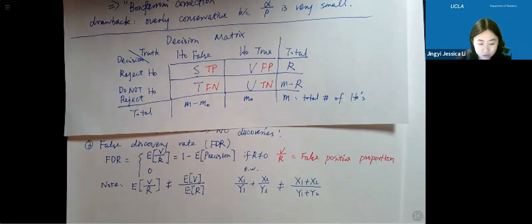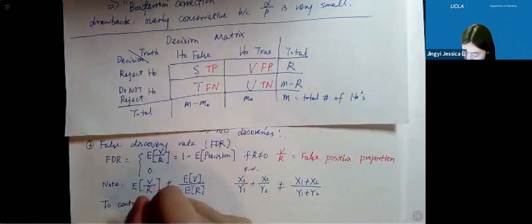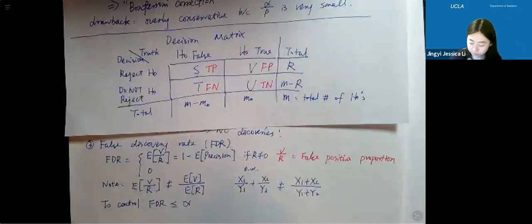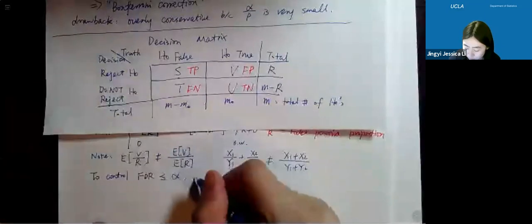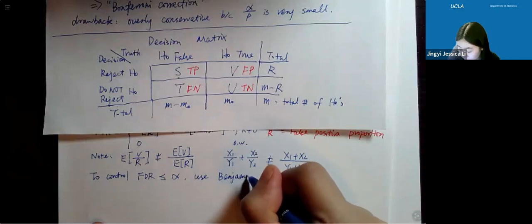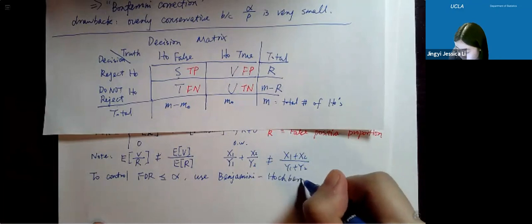Okay, so the thing I want to introduce today is a very famous algorithm or procedure for achieving the FDR control with p-values. So I would say, the way to control FDR under alpha%, we can use the procedure called the Benjamini-Hochberg procedure.